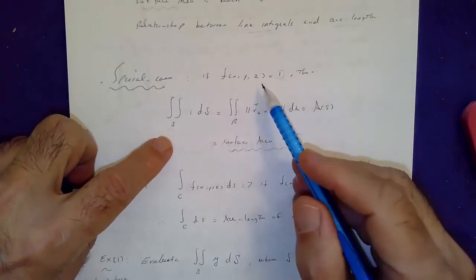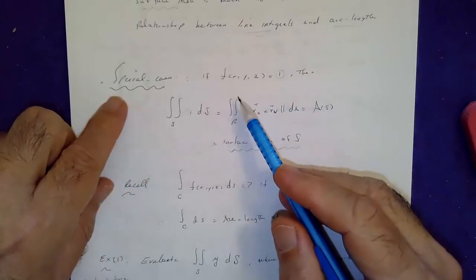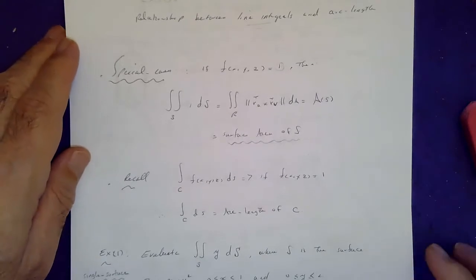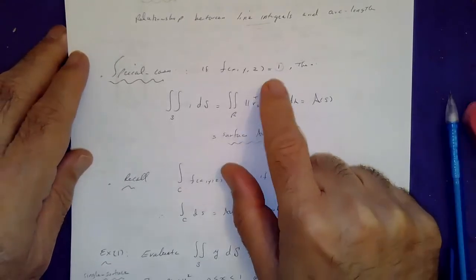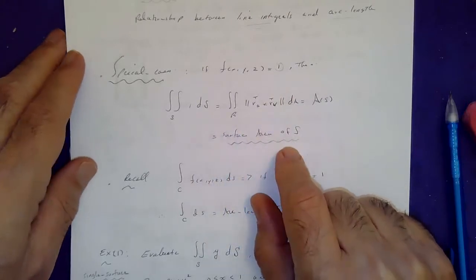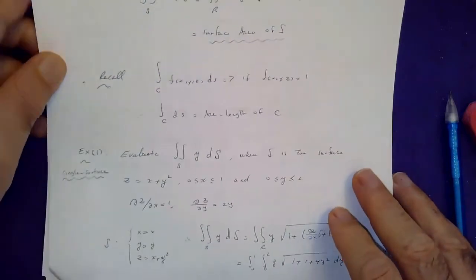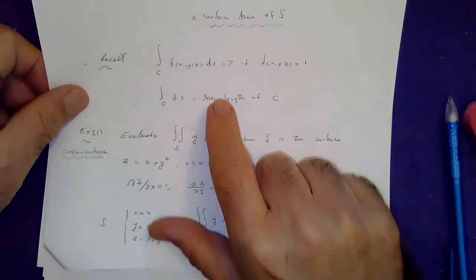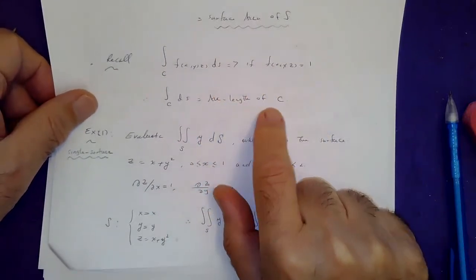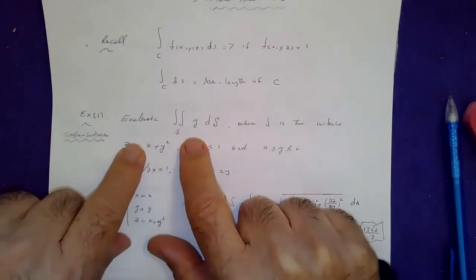Just like when the integrand was 1 in line integral, that was a special case because the line integral computes the arc length of the curve. Here, if the integrand is 1, the surface integral is computing the surface area of the surface S. So, just like line integral, if the function was 1 you were computing the arc length of C. With that said, let's evaluate this surface integral.